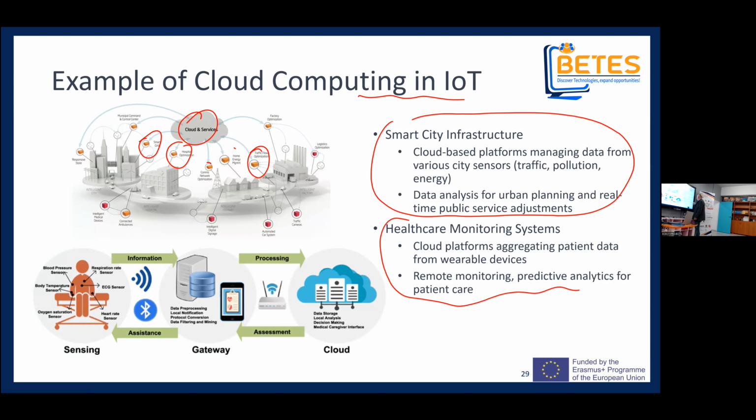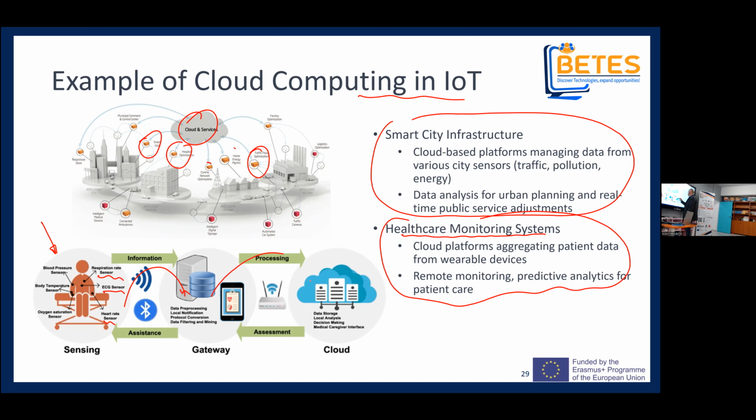Another important thing related to the Internet of Things is healthcare systems. They monitor the patient: blood pressure sensor, body temperature sensor, SpO2 oxygen saturation sensor, respiration rate sensor, ECG sensor, heart rate sensor. They pre-process the data here on our mobile device, on our smartphone.